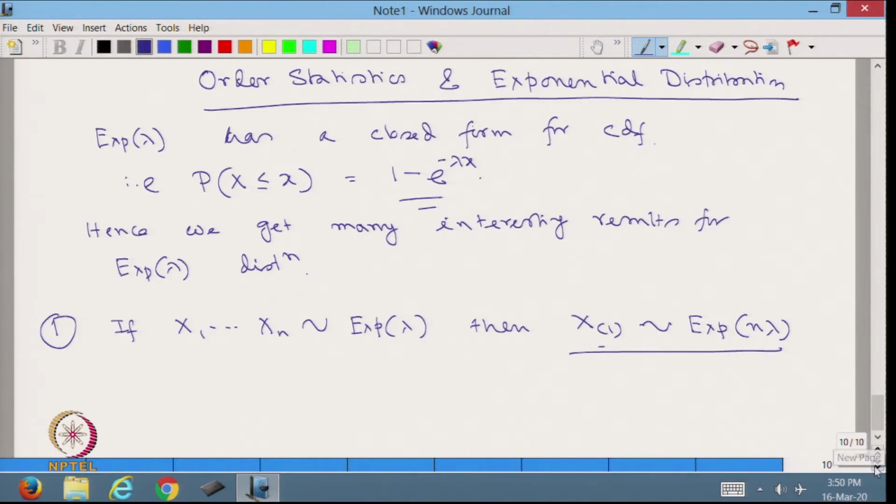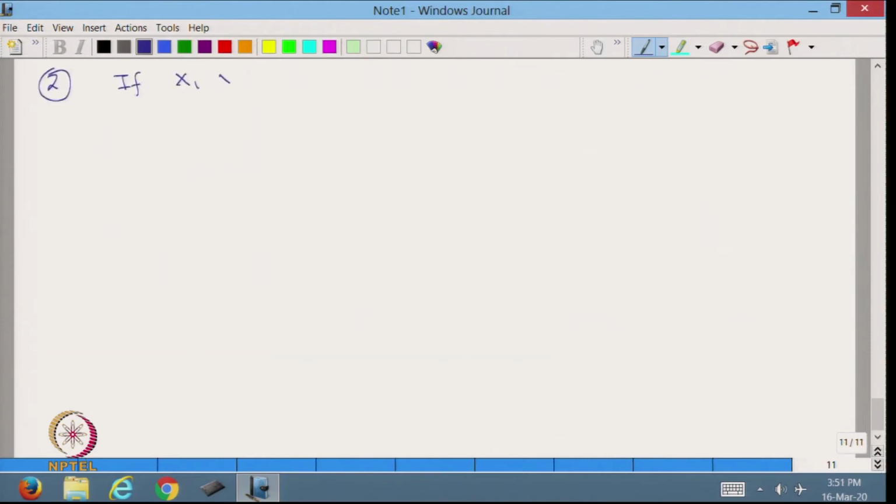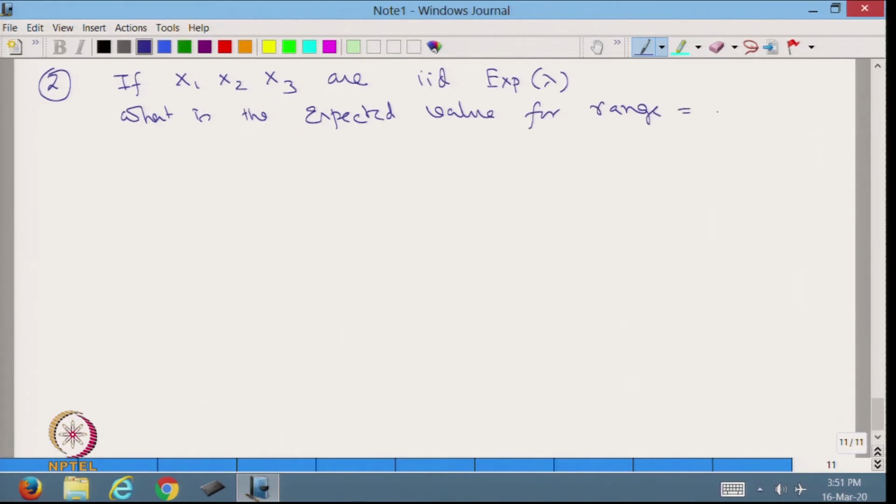So, let us consider the following result. If X1, X2, X3 are IID exponential lambda, what is the expected value for range, which is equal to X3 minus X1?